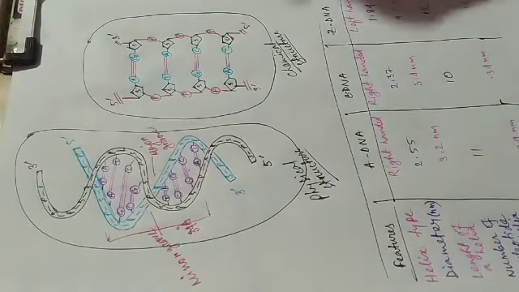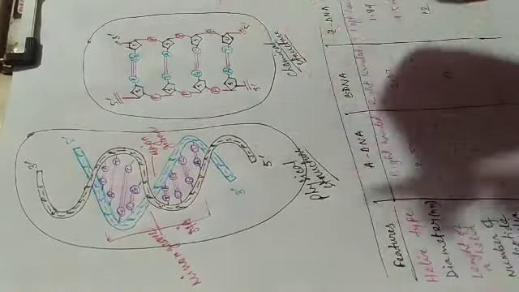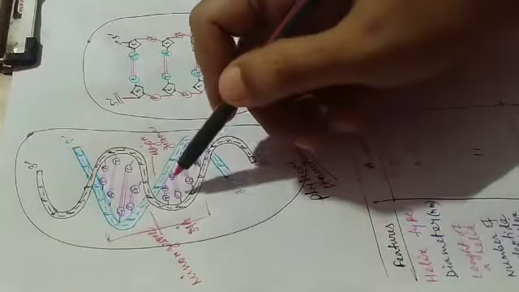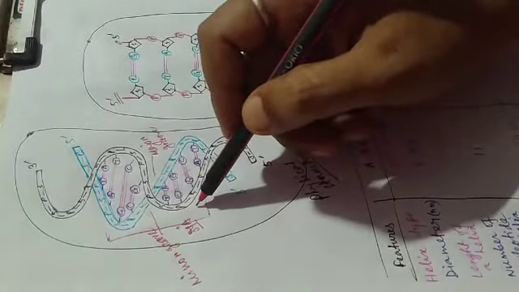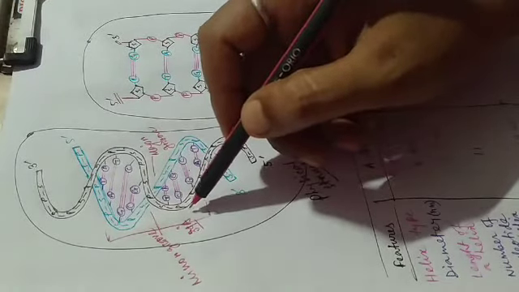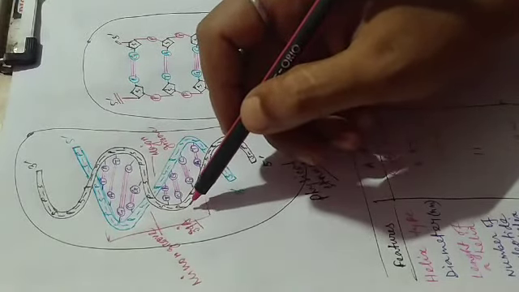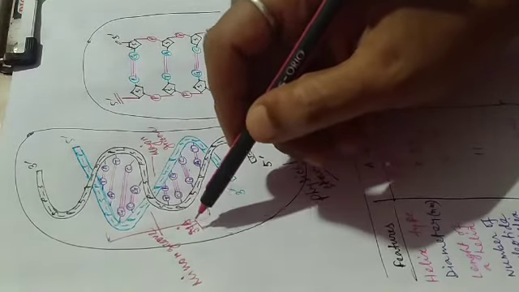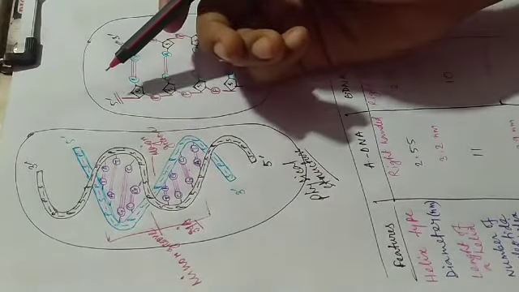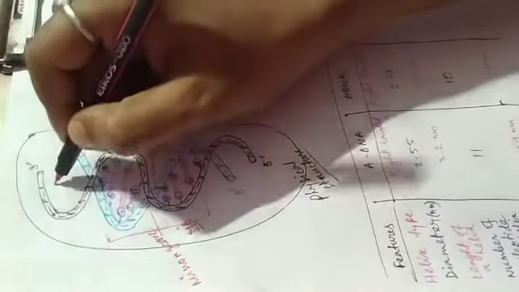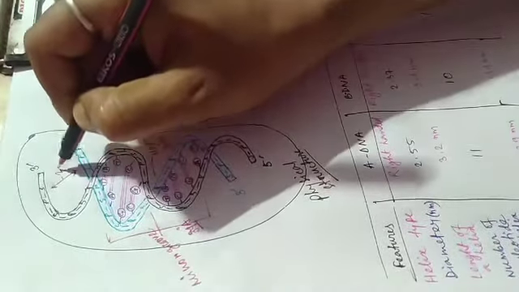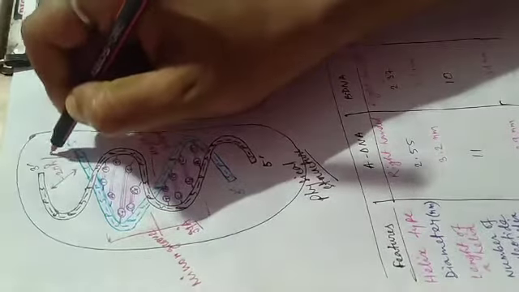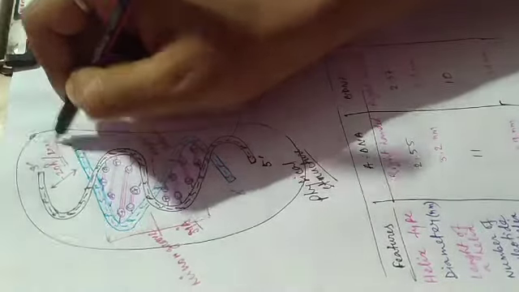So the distance between each nucleotide is 3.4 Angstrom, because the total length is 34 Angstrom and this helix contains only 10 nucleotides. And according to Watson and Crick, the diameter of the DNA is 20 Angstrom or 2 nanometer.